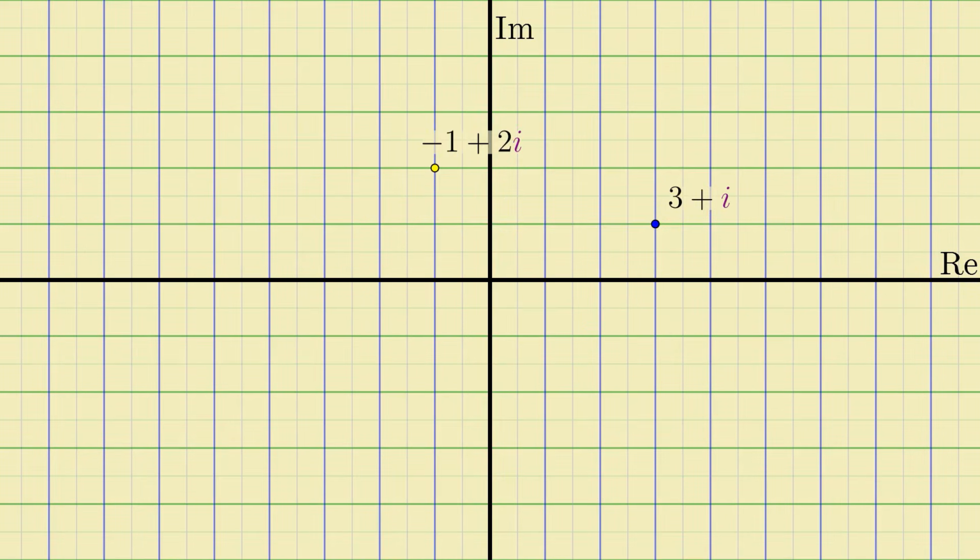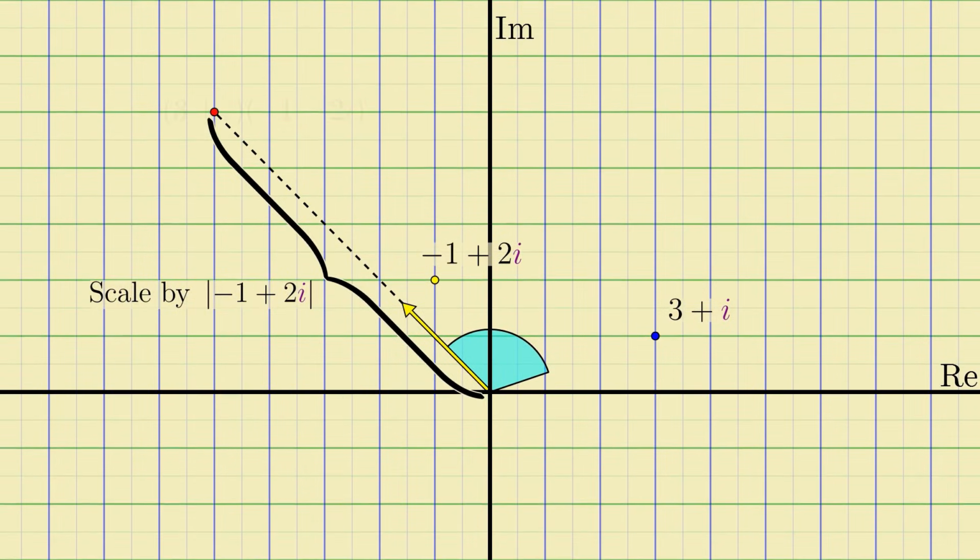Now, as for multiplying by complex numbers that are not on the unit circle, it's the same basic idea. You rotate by the angle it makes with the positive real axis, but then you also scale the rotated point away from the origin by the absolute value of the number that multiplied it.